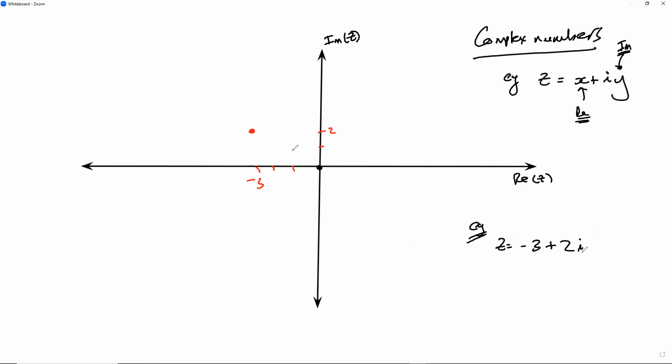And as we change this around, we can make this into negatives, we can make this into positives, and it works very similarly to a Cartesian plane, but we just have this i. And what is i? i is the square root of -1.